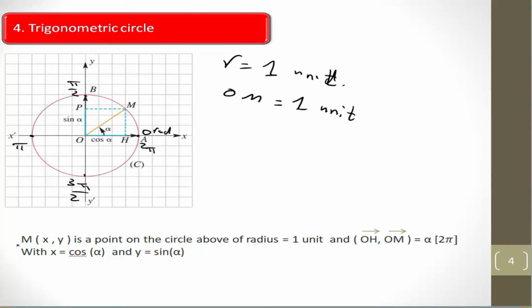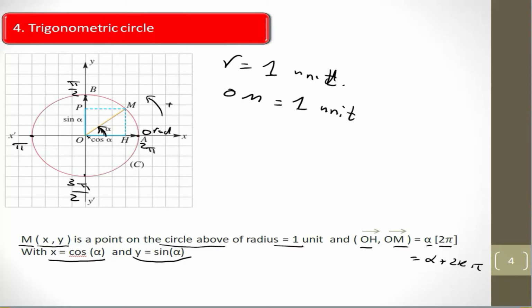So if M is a point on the circle of radius 1, the unit circle or trigonometric circle, then the angle (OI, OM), going in the positive direction, equals alpha modulo 2 pi, or alpha plus 2k pi, which has the same meaning, with x equal cosine alpha and y equal sine alpha.